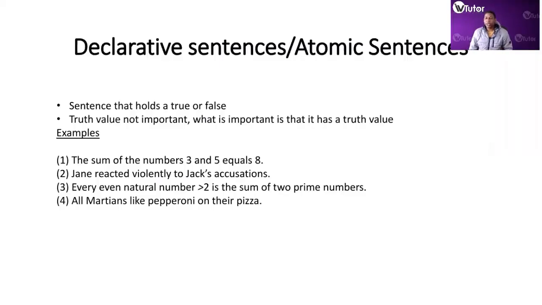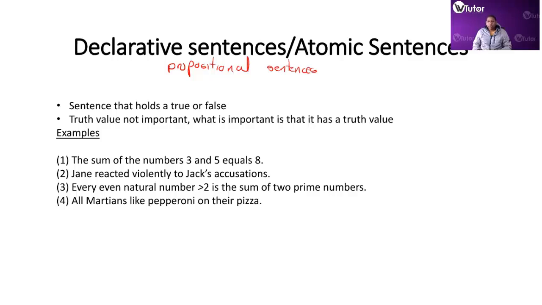Right, so in propositional logic, we have what we call declarative sentences or atomic sentences. We can also call them propositional sentences. So what are these? Declarative sentences or atomic sentences are statements that can either hold a true or false value.